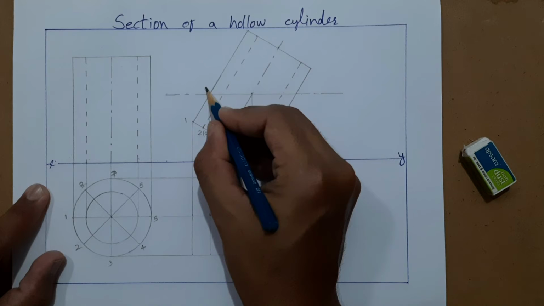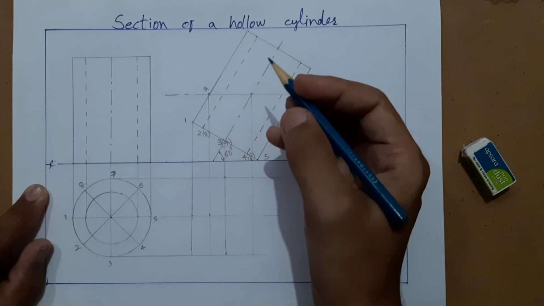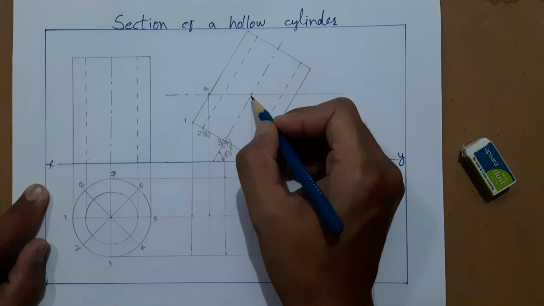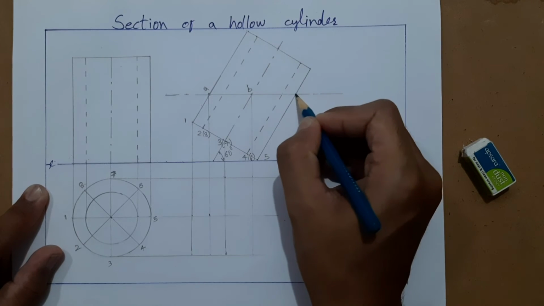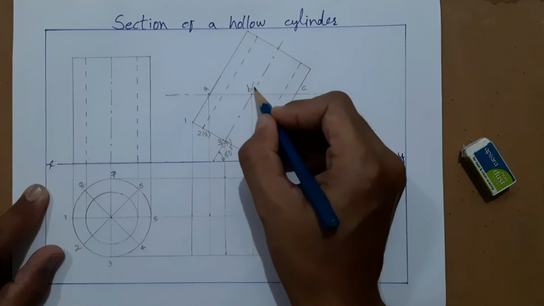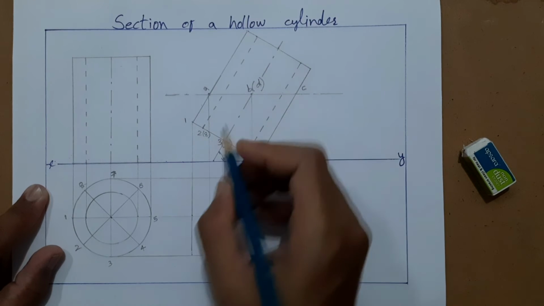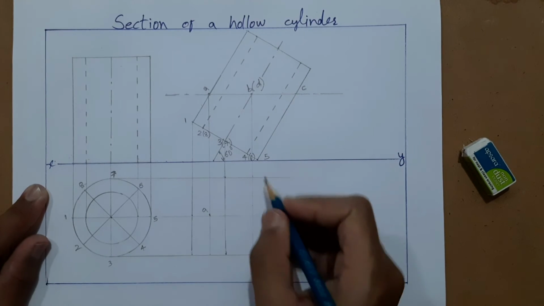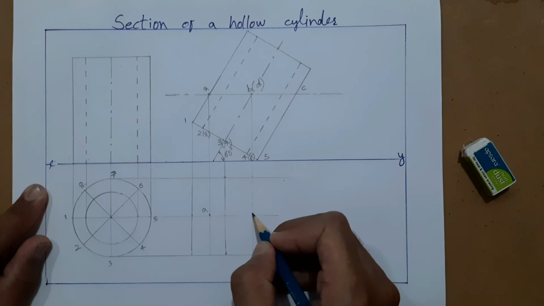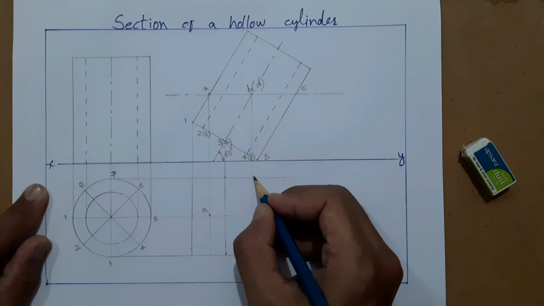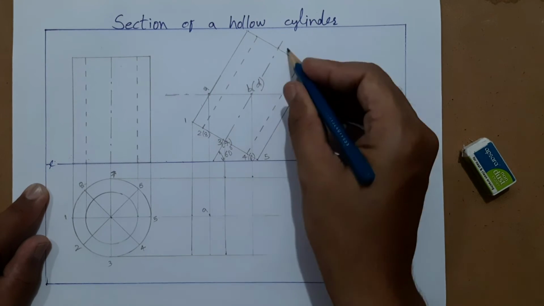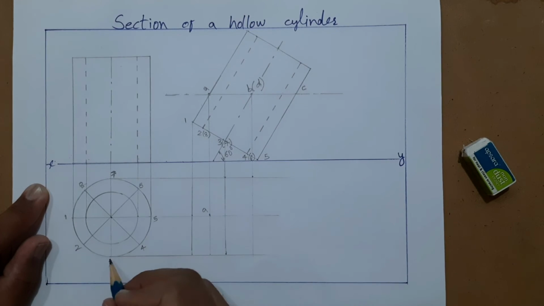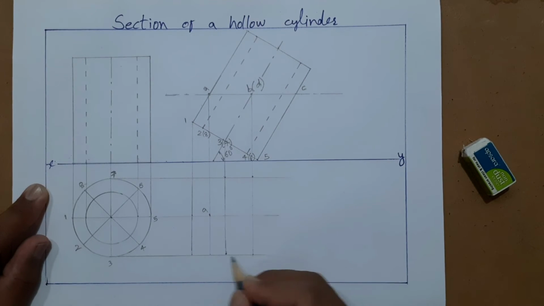I will say this as A, this as B, this as C, and the backside point as D, for understanding purposes. So this is A, this point is the axis point here, 3 to 7 point B. So 3 to 7, 3 side, point B here, actually not here.